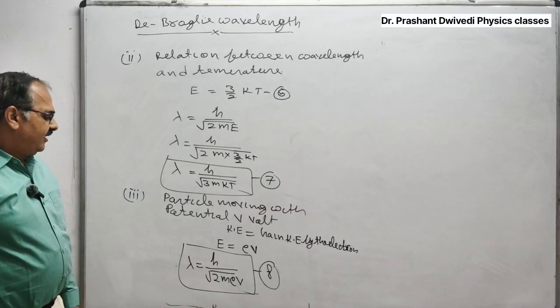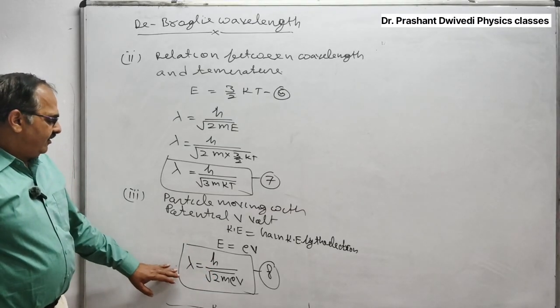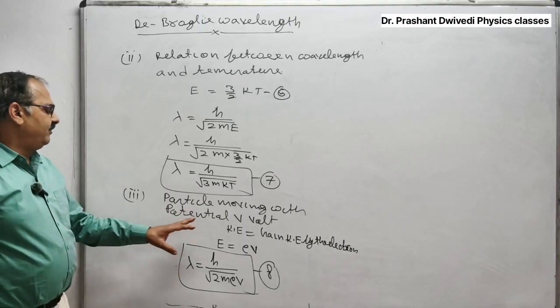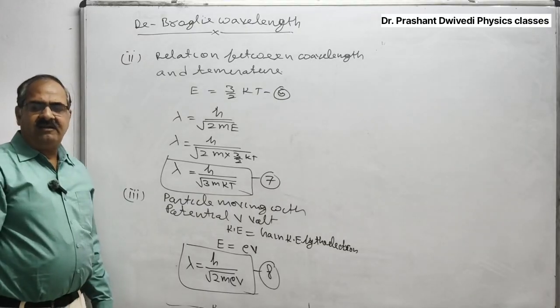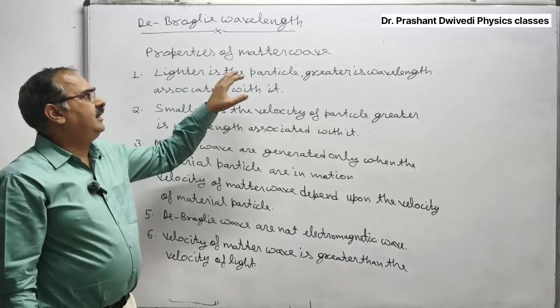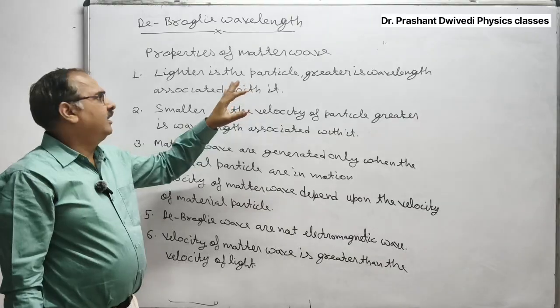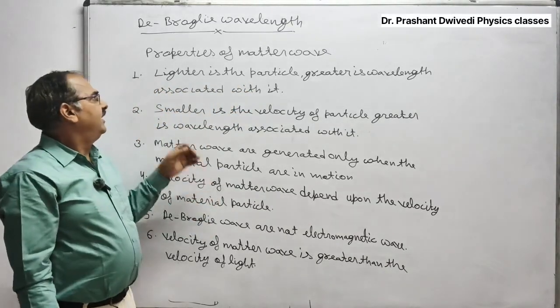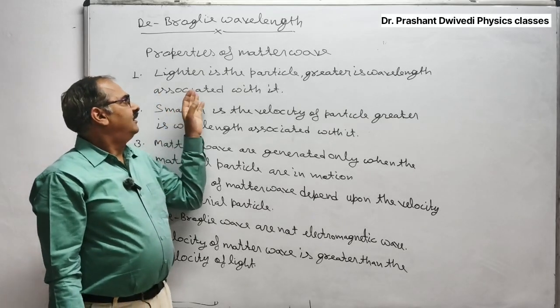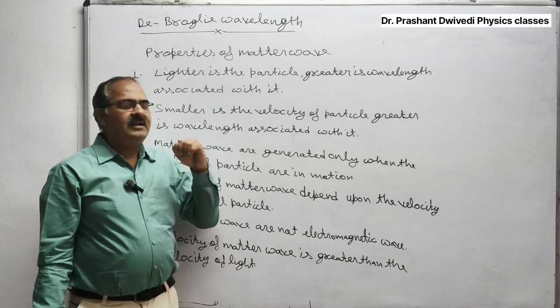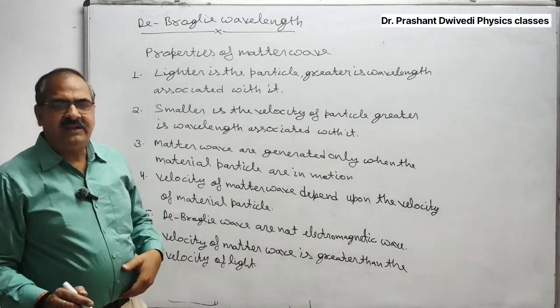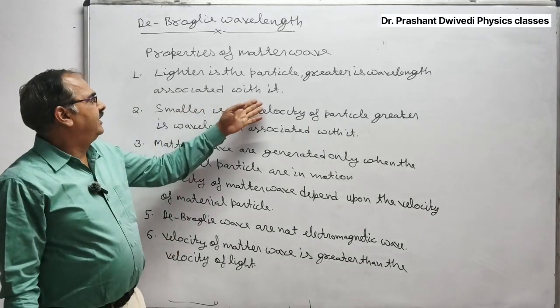For the particle moving with the potential V volt, properties of the matter wave or de Broglie wave: First point, the lighter the particle, the greater the wavelength associated with it.